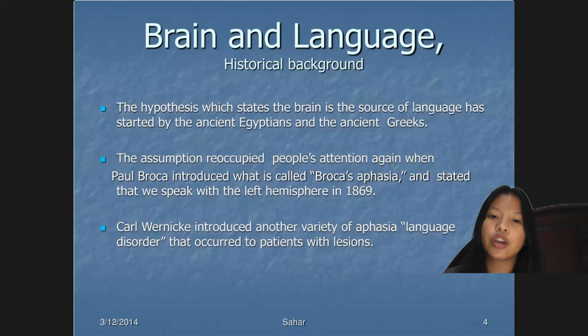The assumption occupied people's attention again when Paul Broca introduced what is called Broca's aphasia and stated that we speak with the left hemisphere in 1869. Karl Wernicke introduced another variety of aphasia, a language disorder, that occurred to patients with lesions.